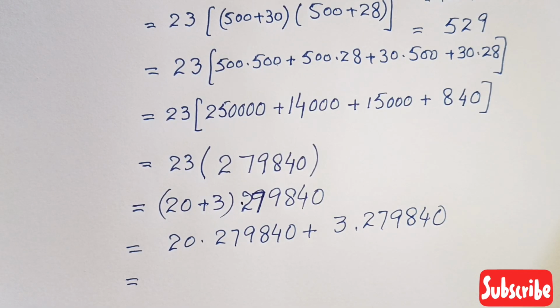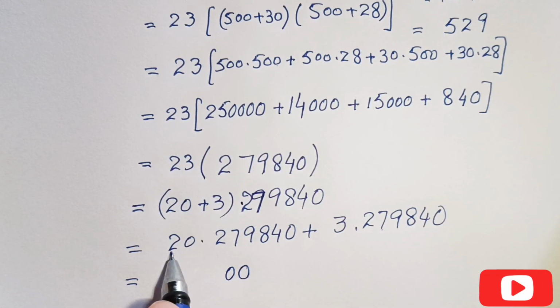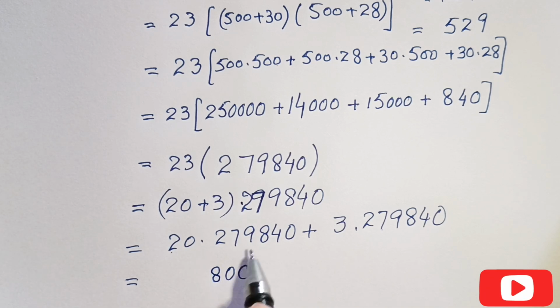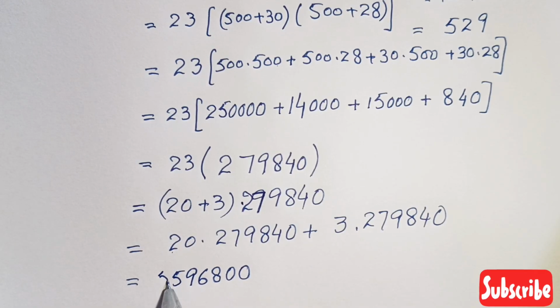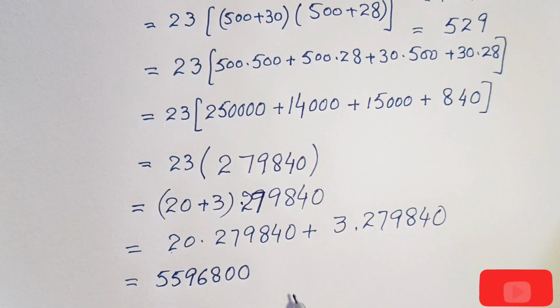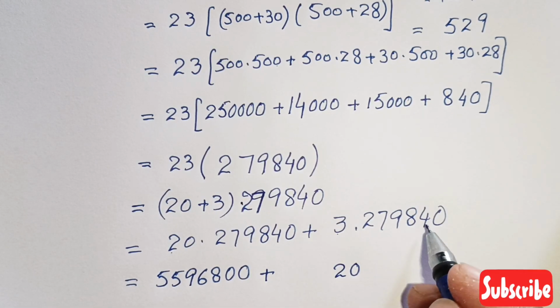Now by multiplication, here we get 0, and 2 times 4 is 8, 8 times 2 is 16, 6 and 1 carry. So we get 9 times 2 is 18, and 1 here we have 19. So next we write 5 and again 5, so 5596800, and plus here we have 3 times 279840. 3 times 4 is 12, we write 2, then 1 carry.